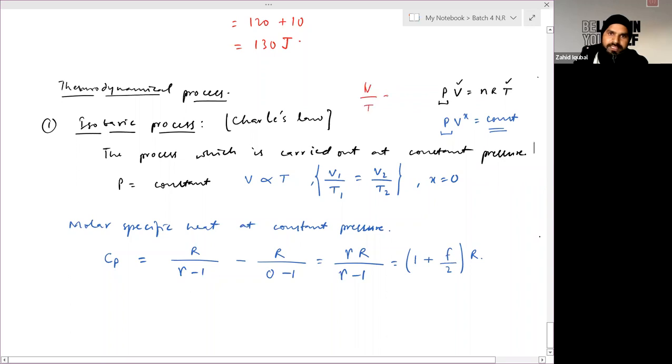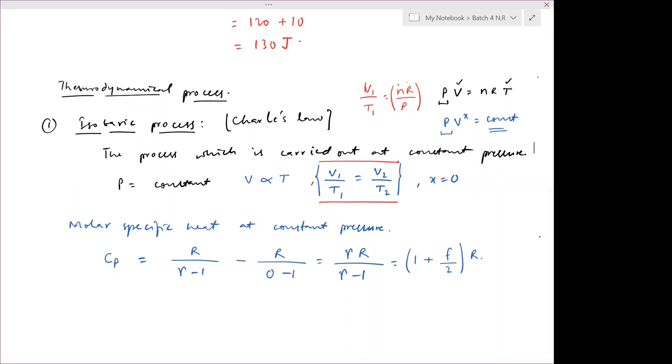So if you put the subscript 1 and 1, you'll get the same value. If you change the subscript to 2 and 2, you'll get the same value, since pressure is constant and the number of moles and universal gas constant are constant. That's why I've written V1 upon T1 equals V2 upon T2. Is it clear?